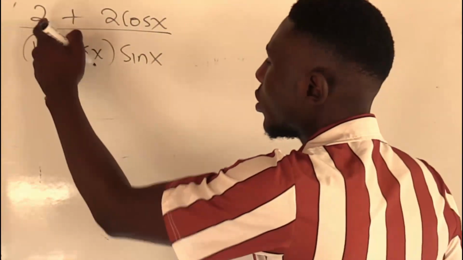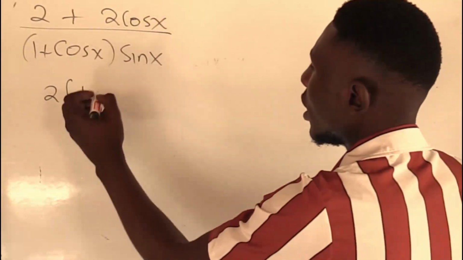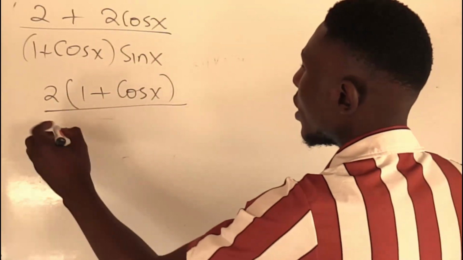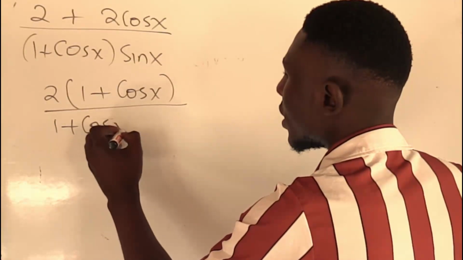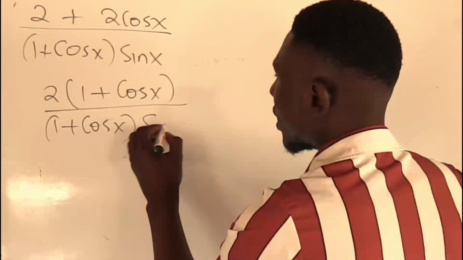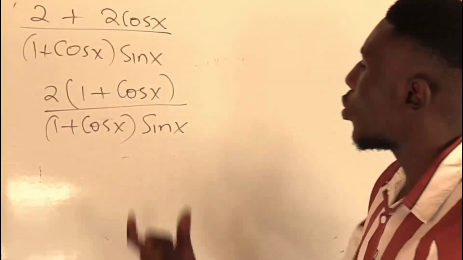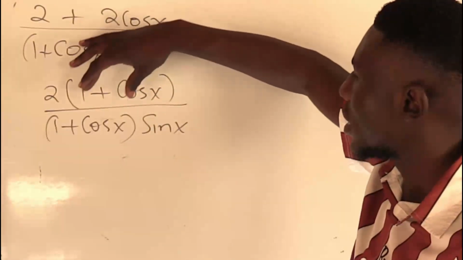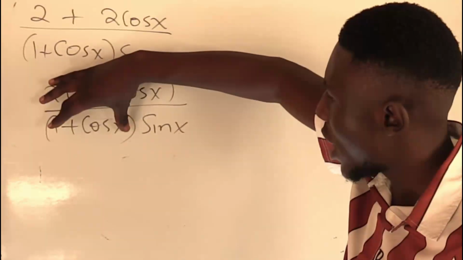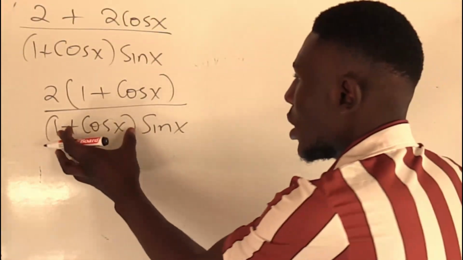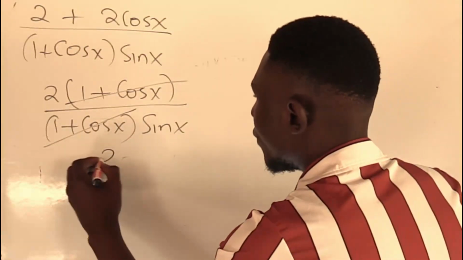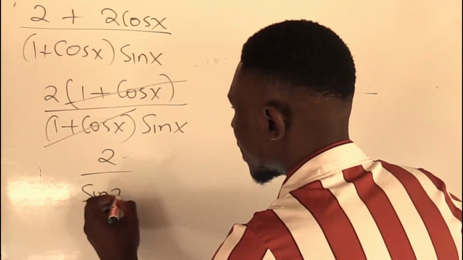When factorized, 2 here will be left with 1, then you'll be left with cos x. Then we say over 1 plus cos x multiplying with sin x. Now, we notice that the numerator, everything in parentheses, is the same as the part on the denominator itself. So these 2 will cancel and we'll have 2 over sin x.